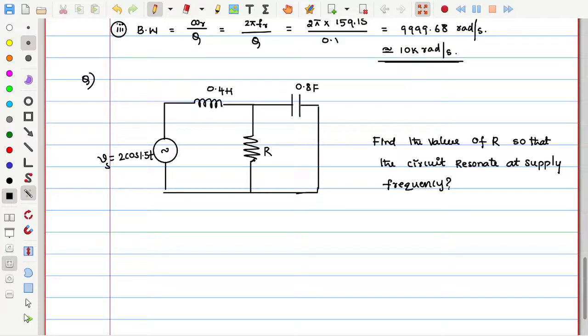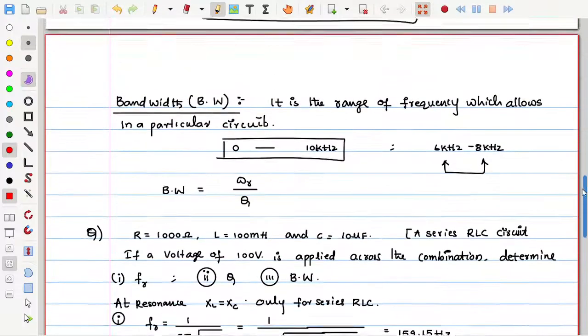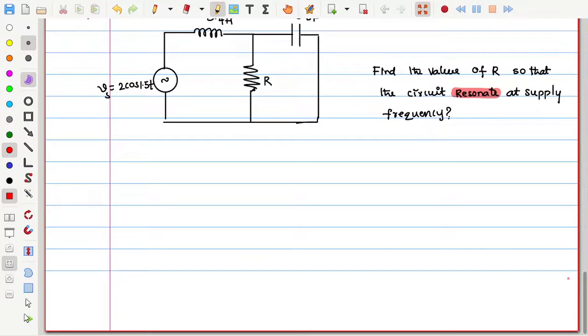Whenever you see the term resonance, whether it is a series circuit or parallel circuit, the generalized idea is this. These statements are very important for competitive exams. See and observe very carefully.